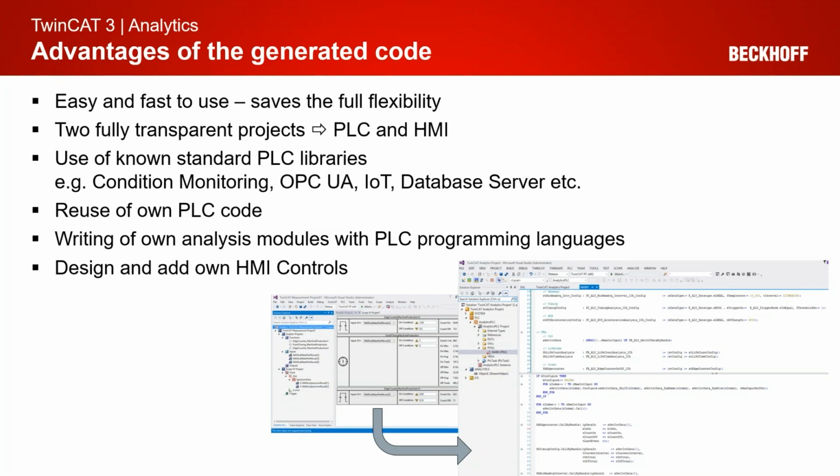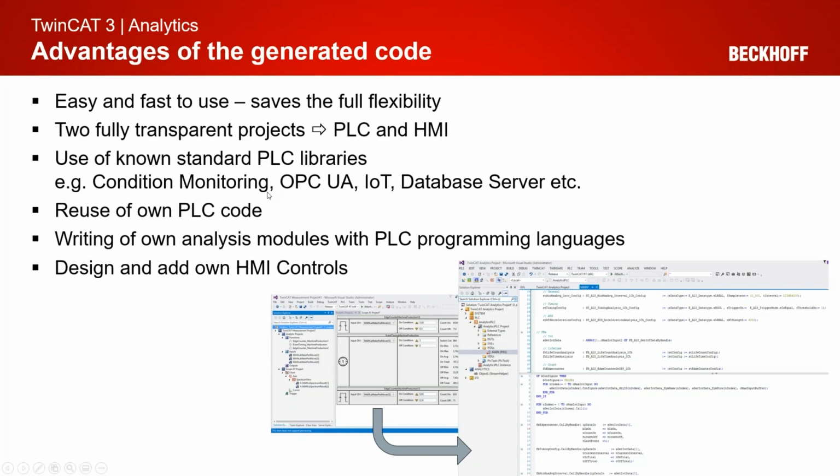That means you can do a lot of individualization here, while saving a lot of time in the engineering to reduce your engineering costs, because everything will be generated automatically for the big first step. And by these degrees of freedom, I would say, you are also able to integrate additional libraries.